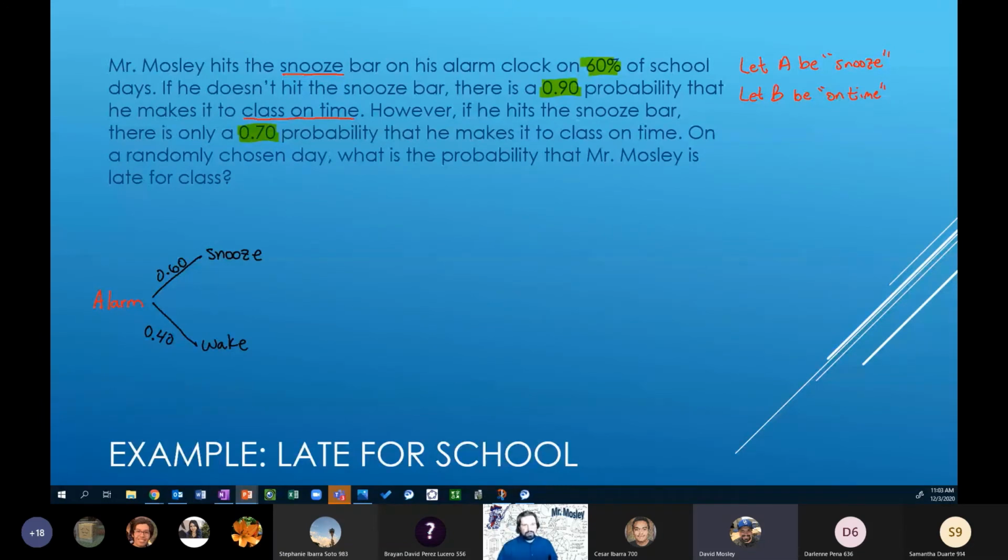From these two options, I have two other outcomes. I can be on time or late.